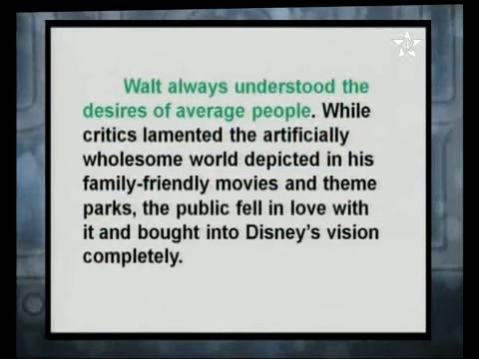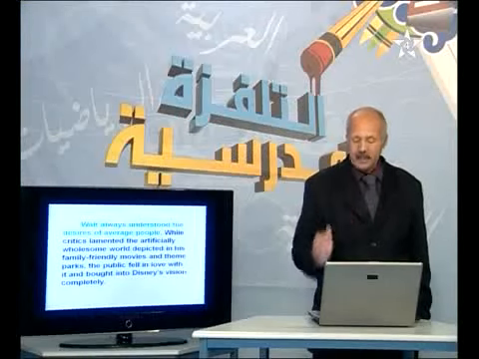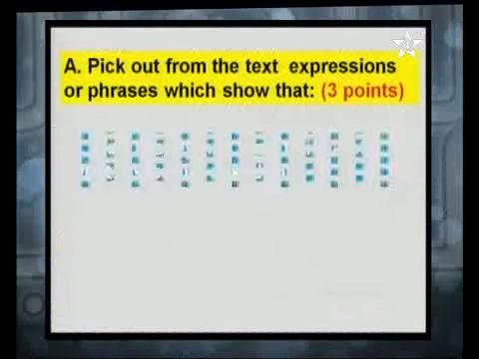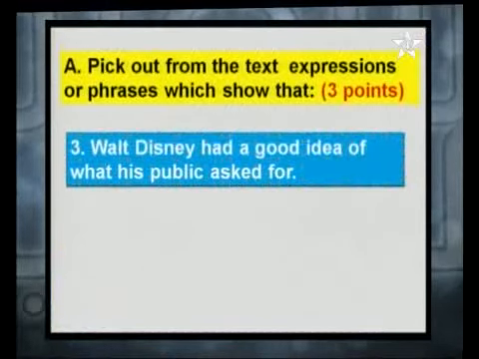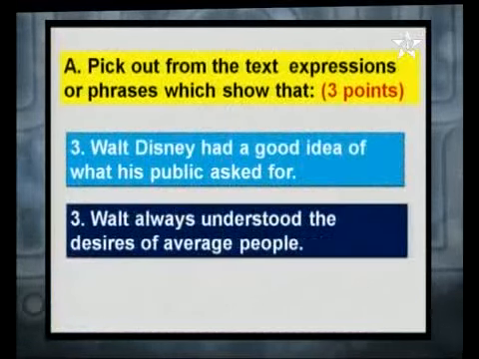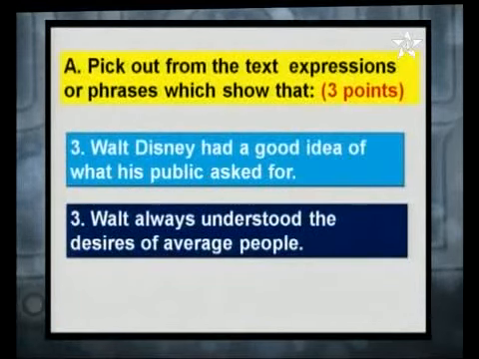Here we are. Walt always understood the desires of average people. It's the same thing as understanding what the public said. So the answer is right. Walt Disney had a good idea of what the public asked for. Now this is the phrase or sentence which shows that. Walt always understood the desires of average people.